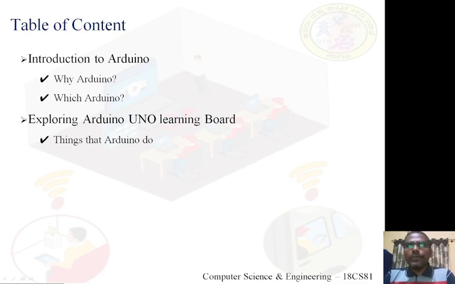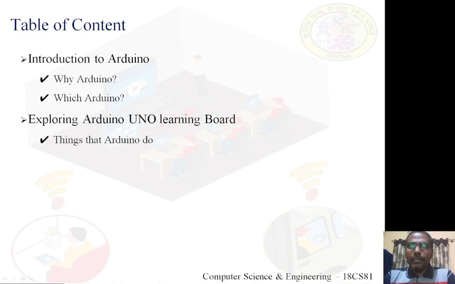Next, after getting familiar with the basics of Arduino, we will explore one of the most familiar microcontroller boards, the Arduino Uno, which is used in most of the projects.